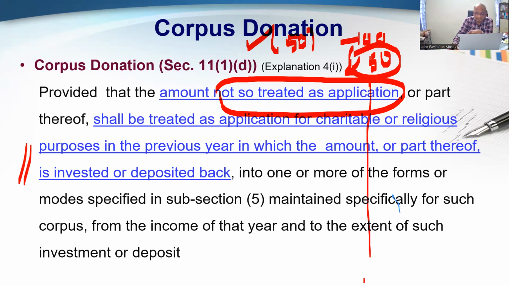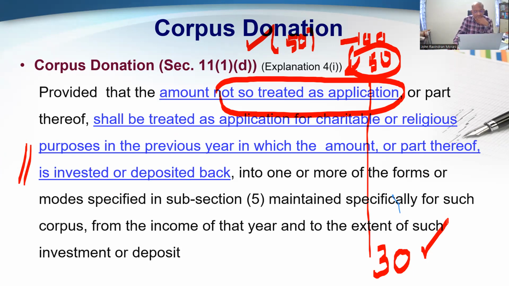Supposing the NGO deposits out of that 30 lakhs into 11.5 mode, then this 30 will become corpus, and then this will count as application for you. I hope I'm clear. You are able to understand what I'm saying.